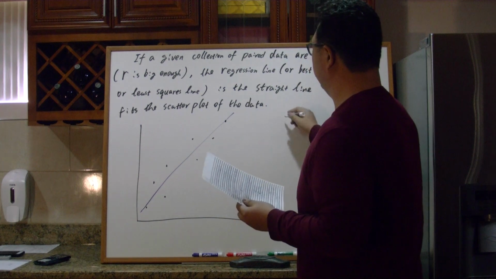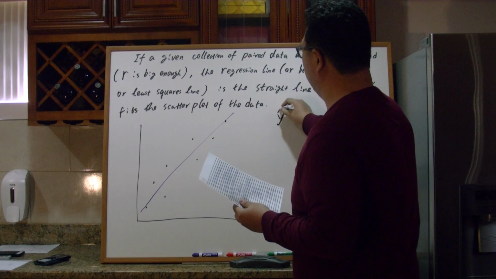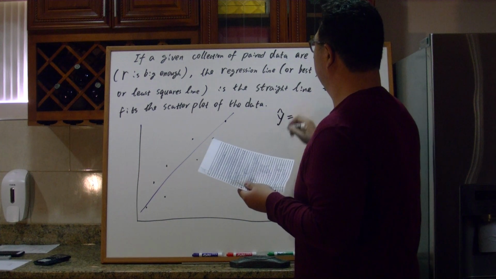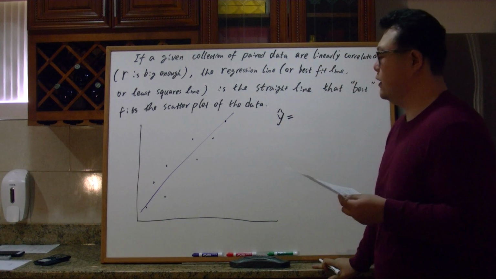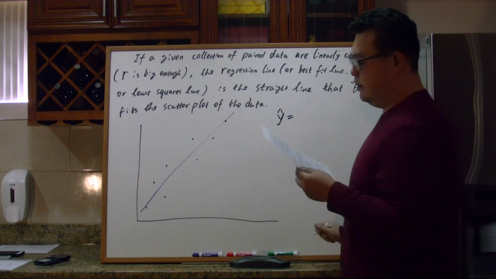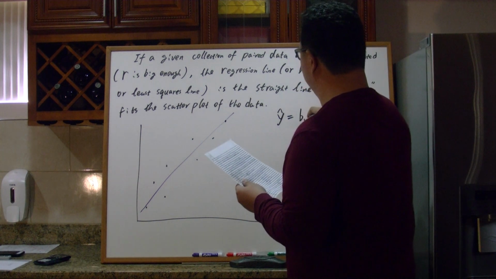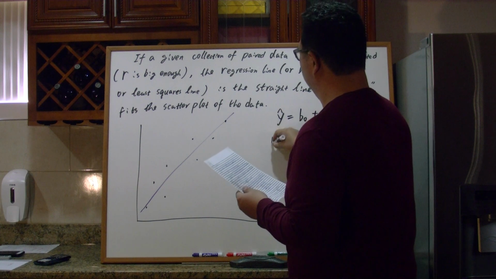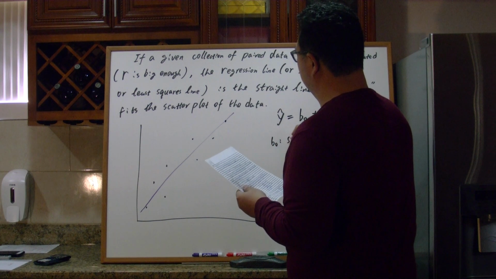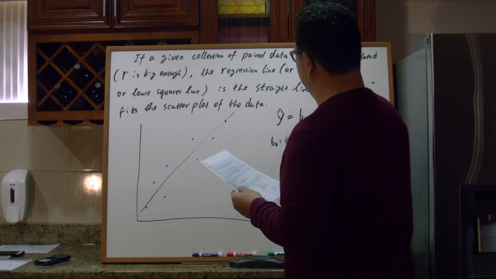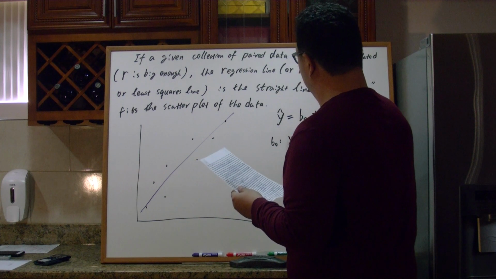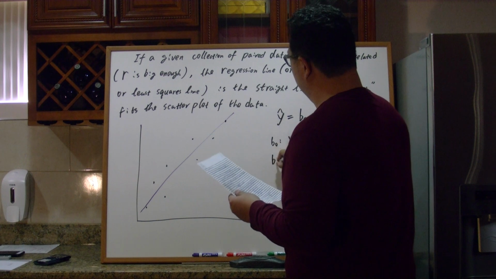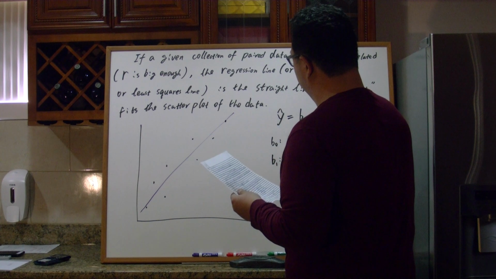The equation we set to be y hat, since that is interpreted or approximated, that is b0 plus b1 x. b0 is the y-intercept, and b1 is the slope.